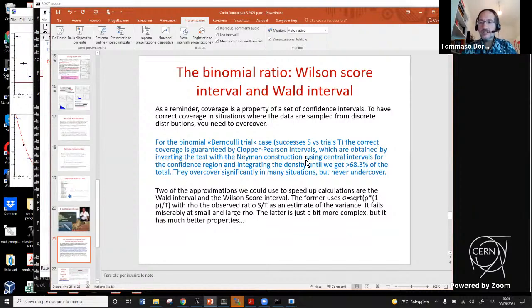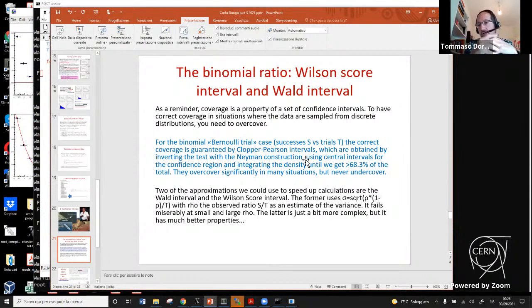This is one of those cases with discrete distributions where having perfect coverage is impossible, because as you will remember, you construct the confidence belt by integrating the distribution function of some measured data x given parameter theta, such that you engulf 68.3% of the integral of the distribution, or whatever you want given your alpha level. And this is impossible to do precisely if the distribution is discrete.